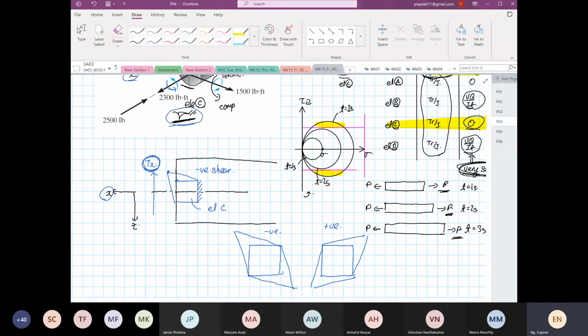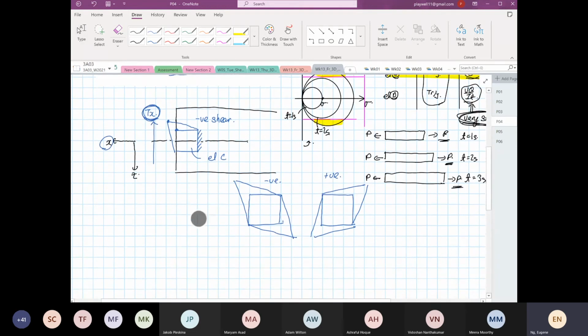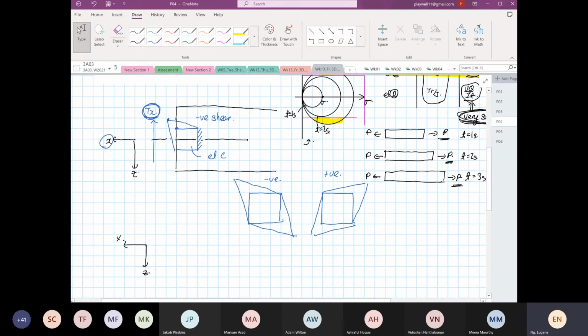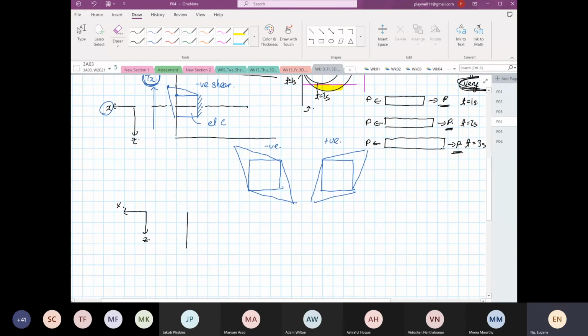So now, if we were to draw the entire element, if this is my Z, this is my X, we know that our element will look like this.